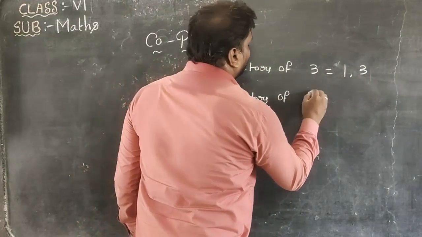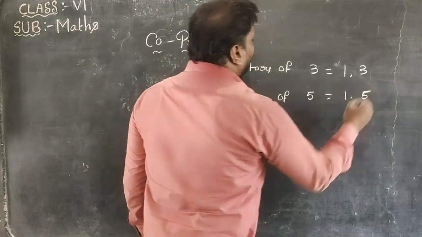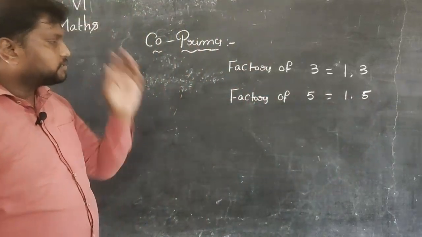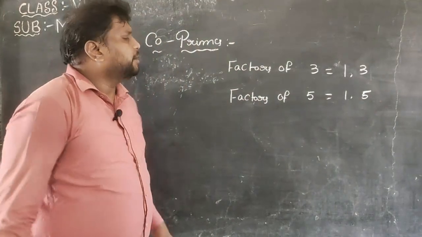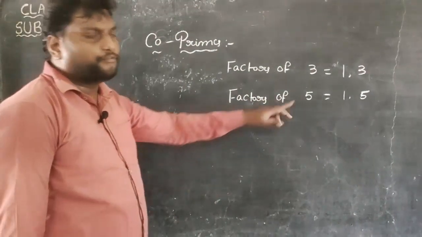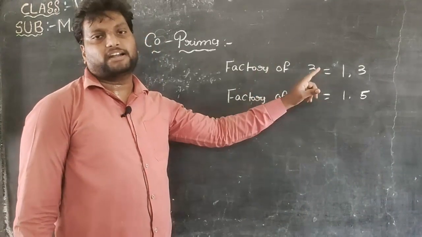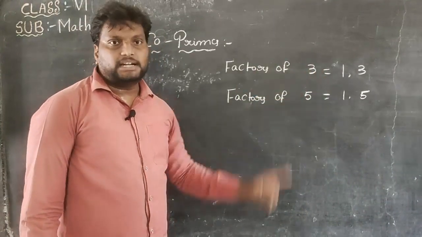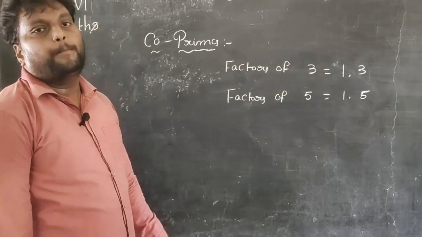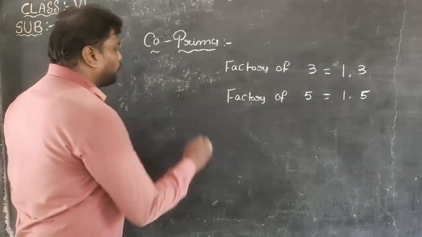Factors of 5 are 1, 5. The numbers 3 and 5 have a common factor. What is the common factor? 1. That's why 3 and 5 are co-primes.